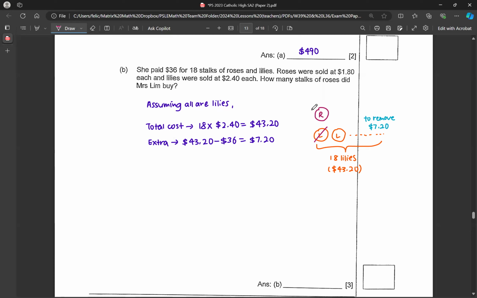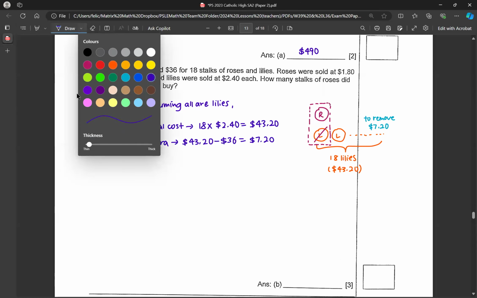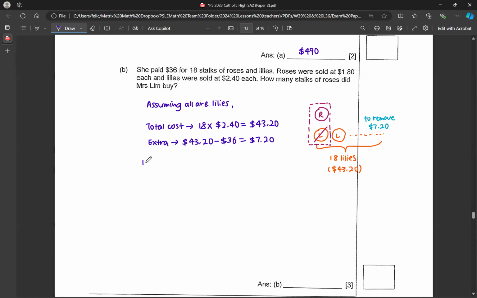During this exchange, money will be removed from the diagram, because a lily is more expensive and a rose is cheaper. So what is the loss in amount during one exchange? In one exchange, from a $2.40 lily, I drop to a $1.80 rose. So the loss is 60 cents.